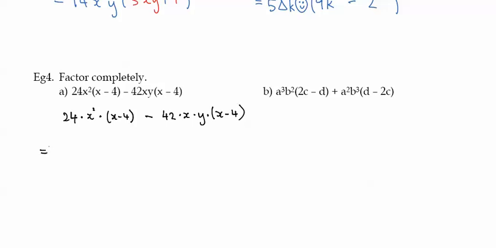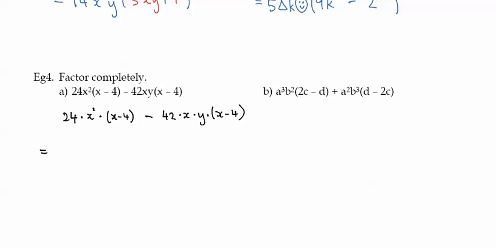When you see anything in common, you can take it out to the front, including brackets. Like in this case, we see x minus 4 from both the first group and the second group. It will be part of your GCF.